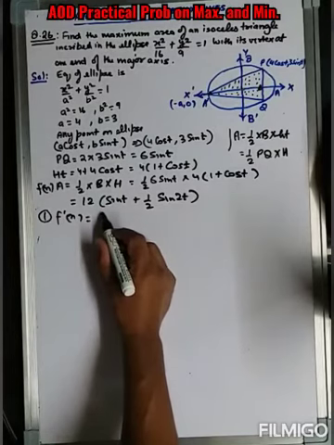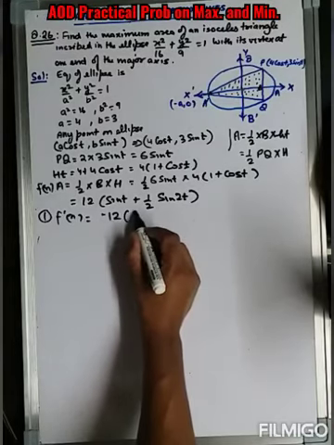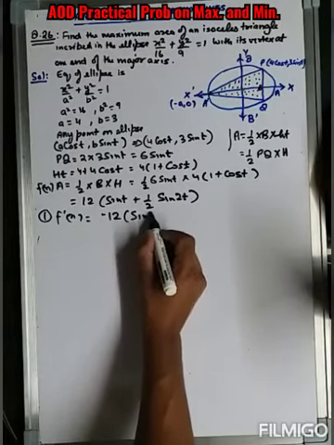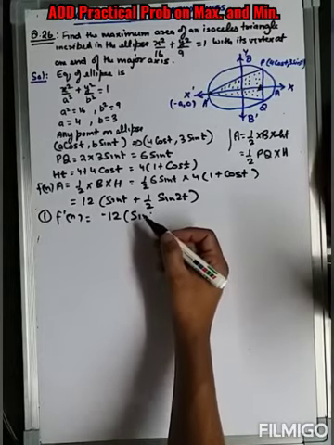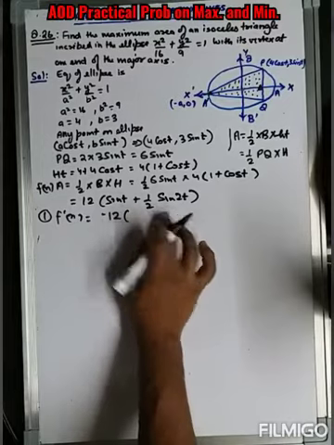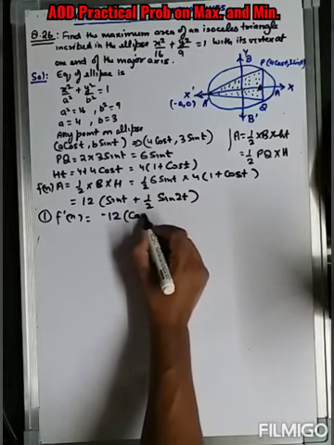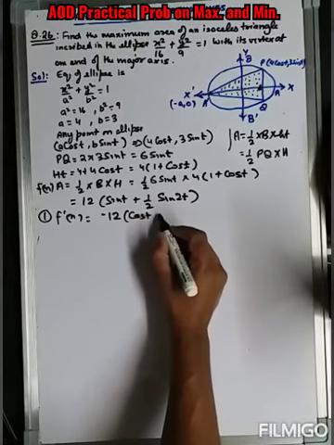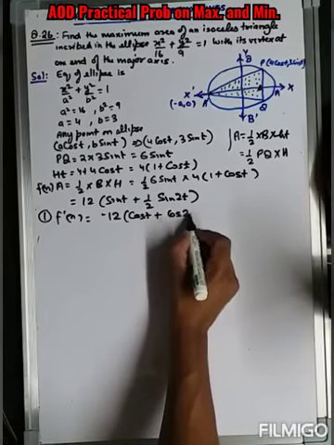We are getting 12 times cos t plus cos 2t.